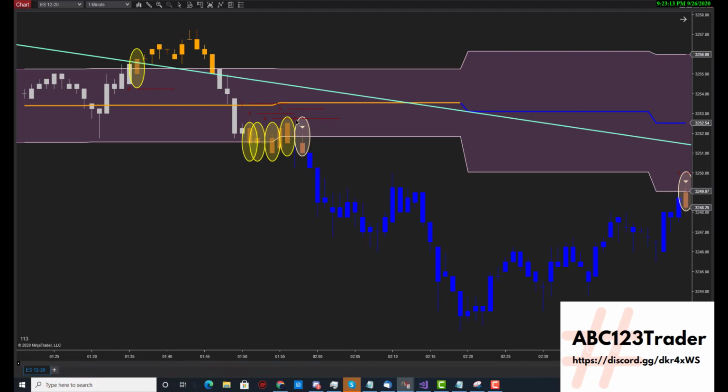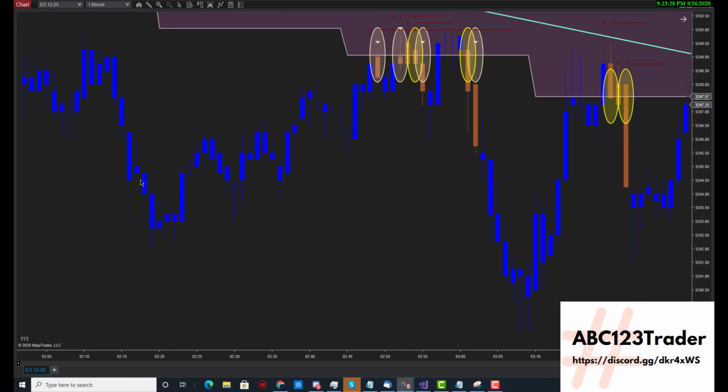When you see more of a tannish color, what that entails is that it broke out, came back in, and it's saying no, it was just testing it for a continuation. As you can see, when you come down and it retraces, it was trying to break into the cloud but failed. A few times, and away you go again.